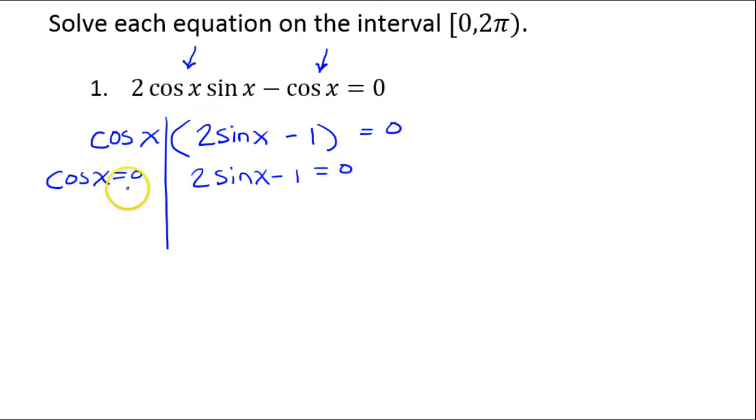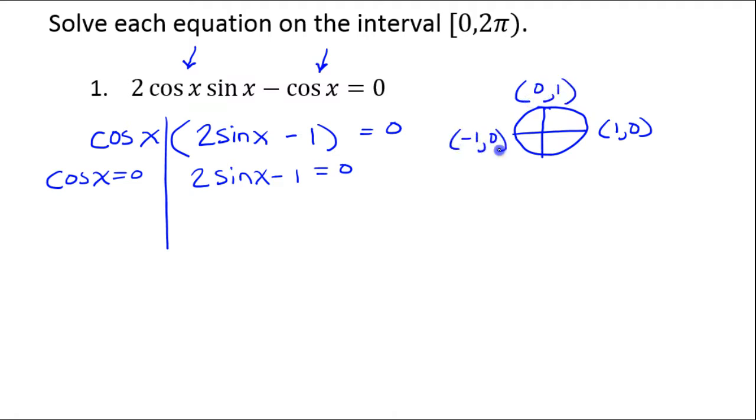So where is cosine equal to 0? Well, we are talking about quadrantal angles right now. So this is 1 comma 0, 0 comma 1, negative 1 comma 0, and 0 comma negative 1. Cosine is an x value.